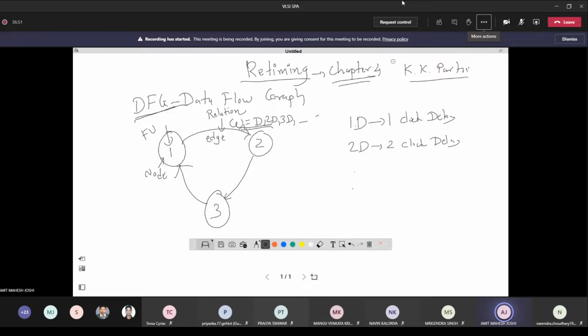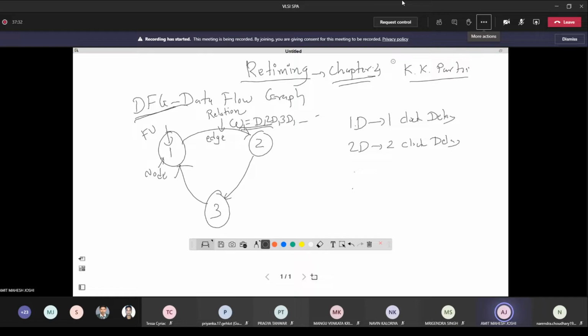once you are able to get this information from your circuit, so any architecture or any block level representation is given to you for any DSP application, then ultimately you need to draw the DFG graph, where in a DFG graph you need to first identify the nodes, which you need to map as a functional unit of your architecture, and the connection between the functional units you need to understand with the edges, and these edges have some sort of finite weight.